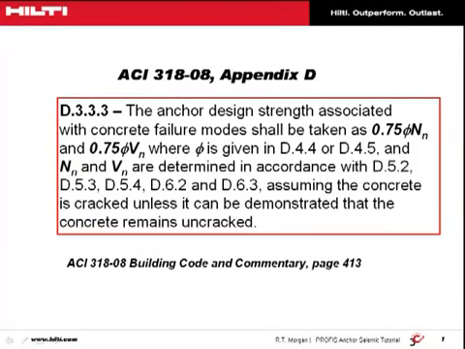Part D.3.3.3 states that a factor of 0.75 will be applied to design tension strengths and design shear strengths. PROFIS Anchor will apply a factor of 0.75 to all non-steel design strengths, including bond strength, when seismic design is selected as an option. The 0.75 factor will be designated by PROFIS Anchor as phi seismic.